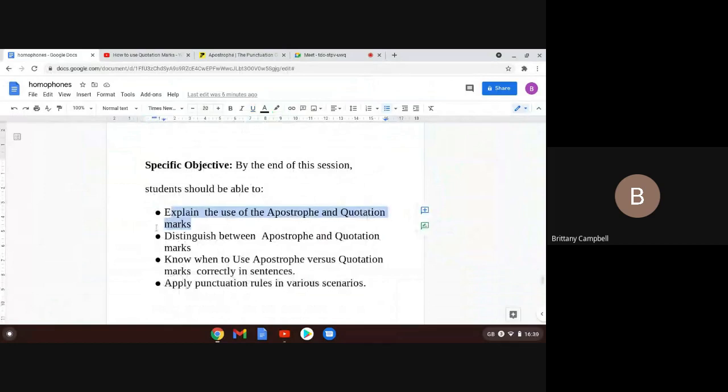You must be able to distinguish between apostrophe and quotation marks. You must know when to use the apostrophe versus the quotation marks correctly in sentences. And you must know how to apply the punctuation rules in various scenarios.